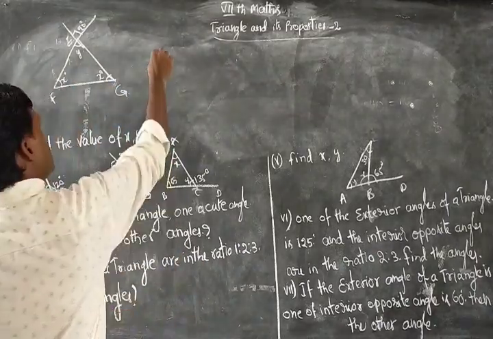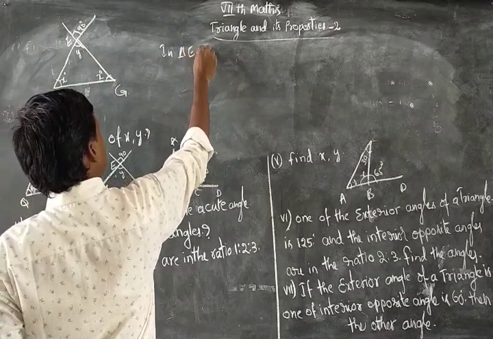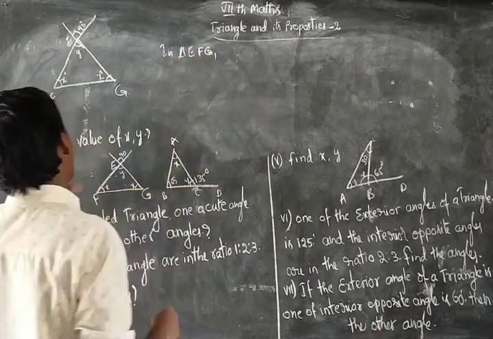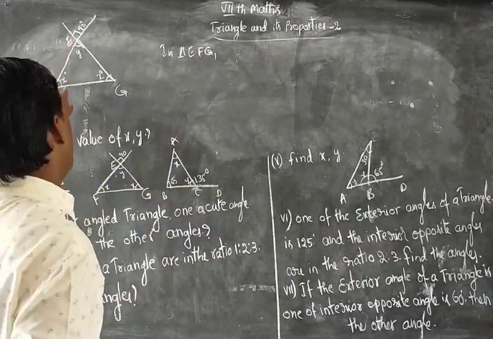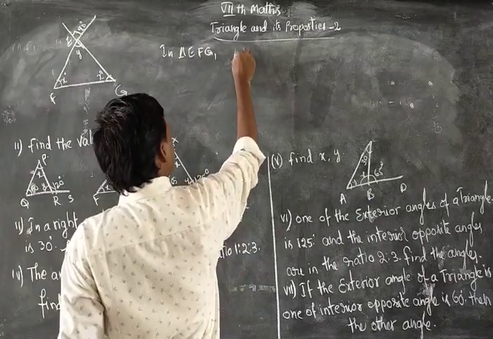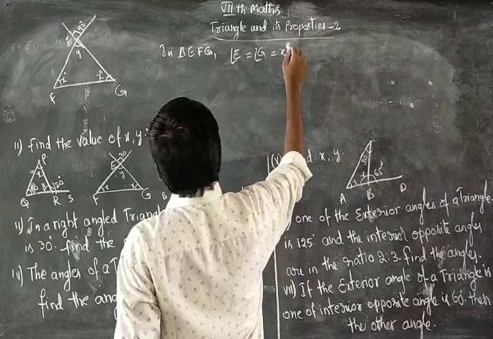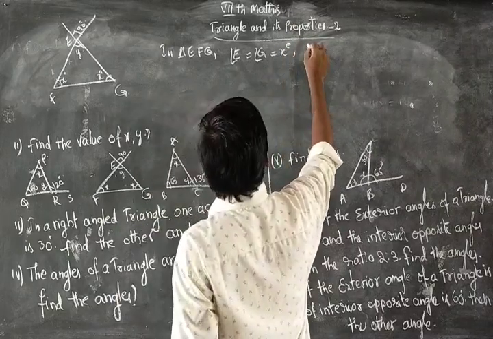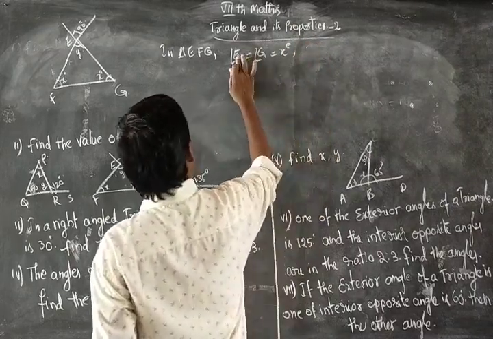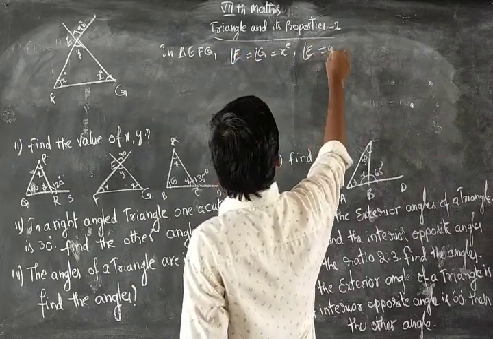First we write triangle EFG. In triangle EFG, angle F equal to angle G equal to x degrees. He gave that. And angle E equal to y degrees.